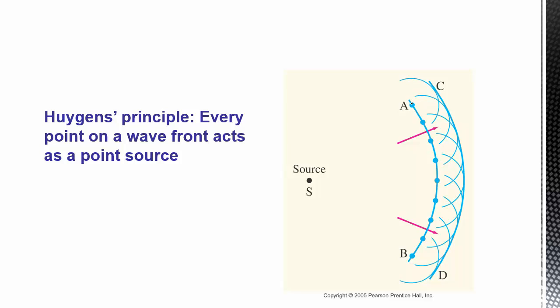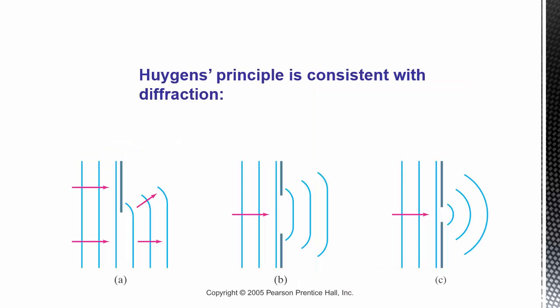And if each of these points along the wave emits circular waves that travel outward, those waves will interfere. If you remember when we studied waves, constructive and destructive interference. So you'll get destructive interference everywhere except right along the new wave front. That's where you will get all your constructive interference. Okay, so this is Huygens' principle. Every point on the wave acts like a point source.